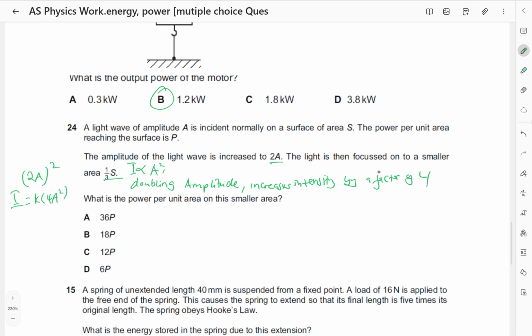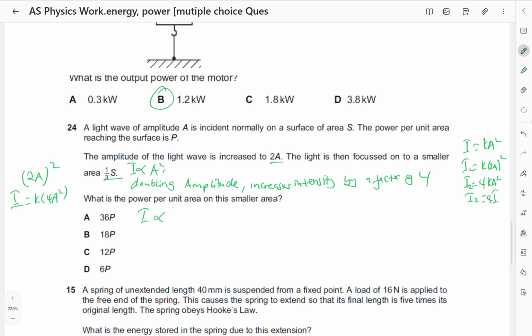Initially, intensity is equal to a constant times A squared. Next, intensity I2 will be equal to the constant times (2A) squared, which is 4kA squared, the same as 4 times the initial intensity. So doubling the amplitude increases the intensity by a factor of 4.